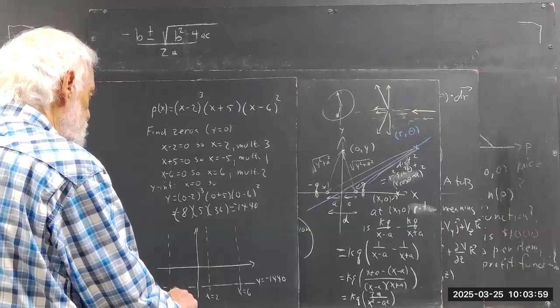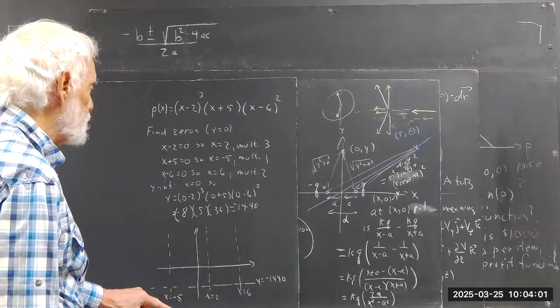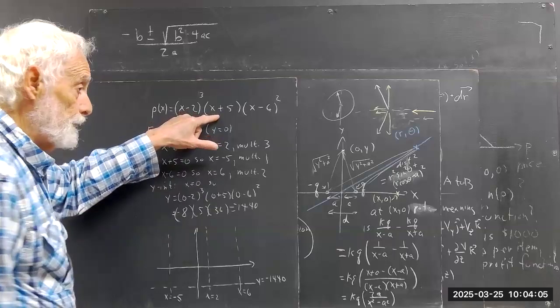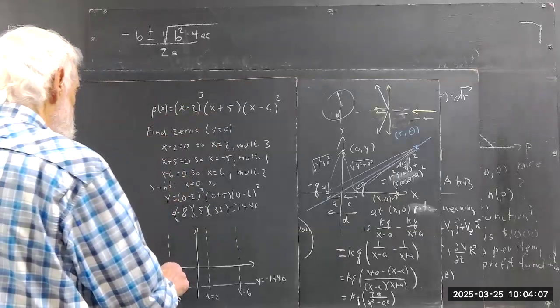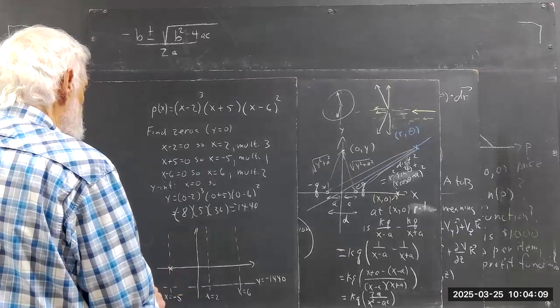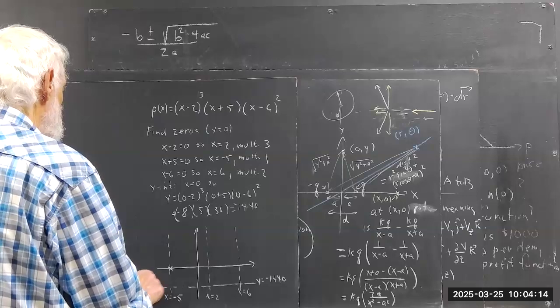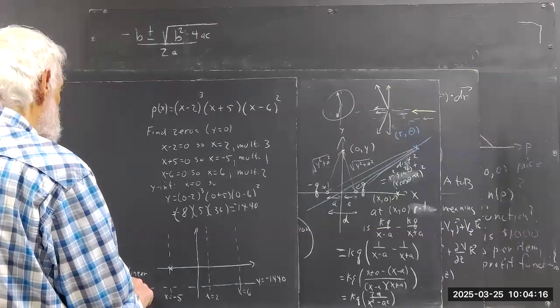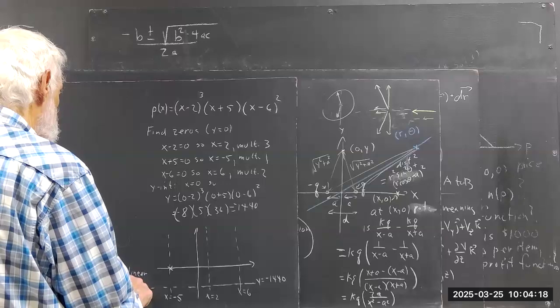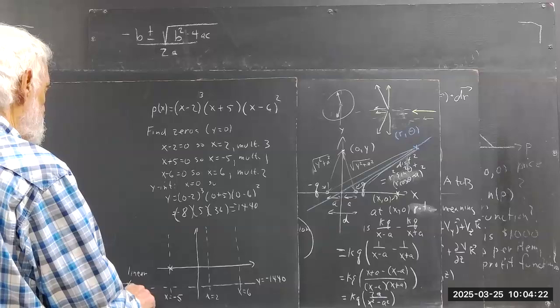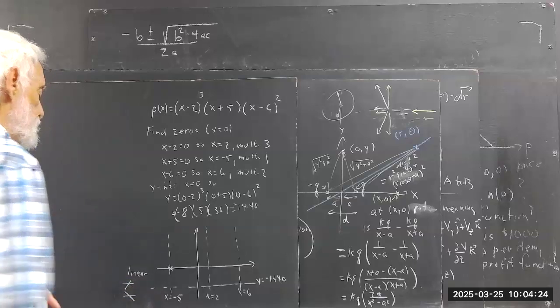Now, x equals -5 comes from the x plus 5, which is linear. So we can say this is going to be linear. That means if this is the 0, it's going to go through it with a straight line, maybe this way, or maybe this way.